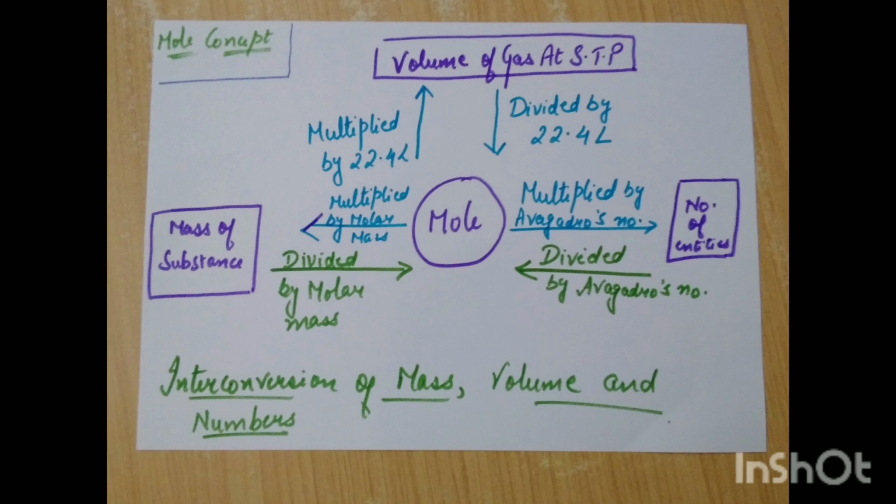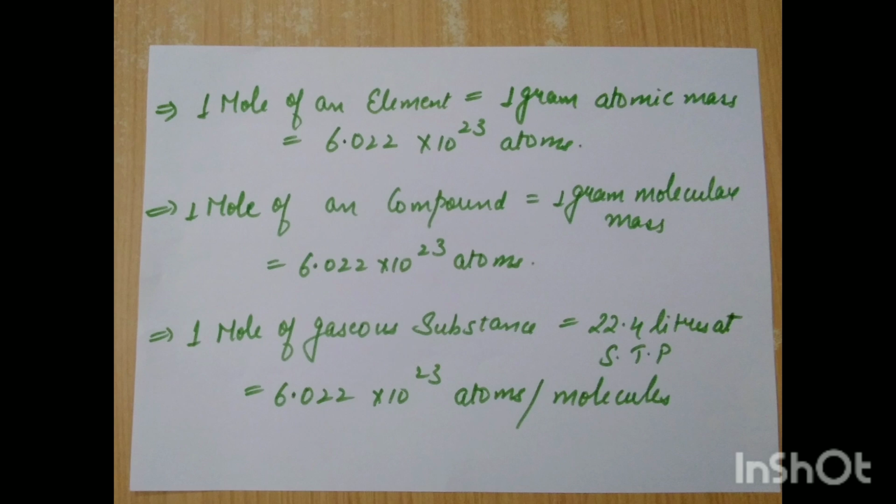So I am repeating once again. We talked about the three different formulas to calculate the mole. First, we can divide the number of entities by Avogadro's number to get the mole. Second, we can divide the mass of substance by the molar mass to get the mole. Okay. Now 1 mole of an element is equal to 1 gram atomic mass, that is 6.022 into 10 raised to power 23 atoms.